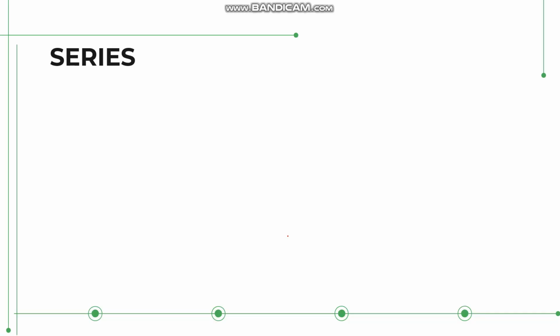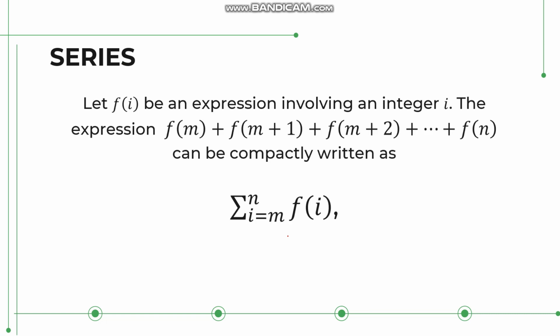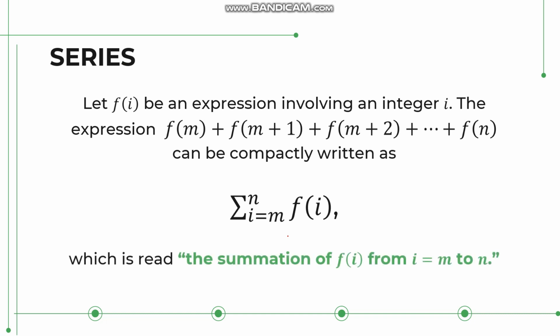Now a series can also be presented using what we call the sigma notation. Let f of i be an expression involving an integer i. The expression f of m plus f of m plus 1 plus f of m plus 2 up to f of n can be compactly written like this, which is read as the summation of f sub i from i equals m to n.